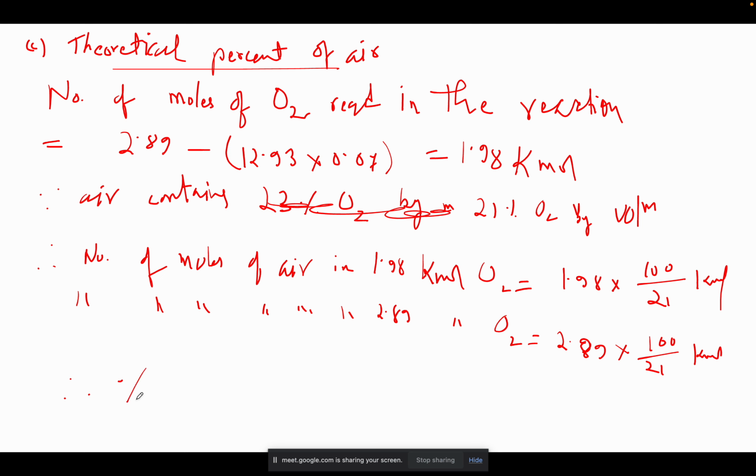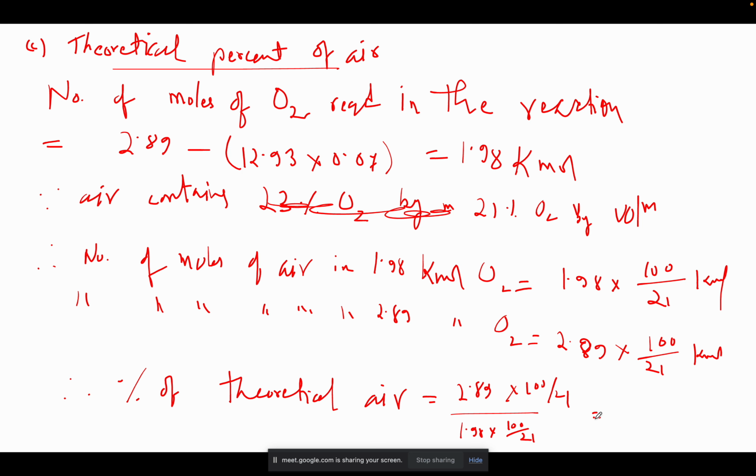Therefore, percentage of theoretical air is equal to what? 2.89 into 100 by 21 divided by 1.98 into 100 by 21. So you'll get this one as 145.9 percentage. Okay.